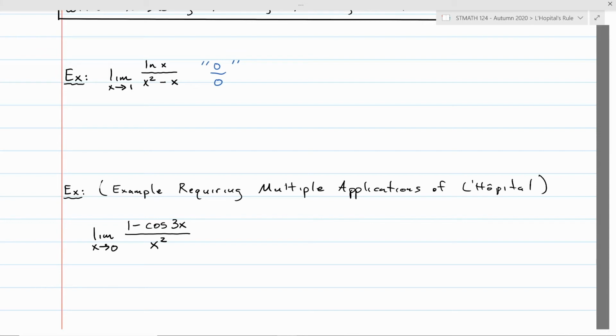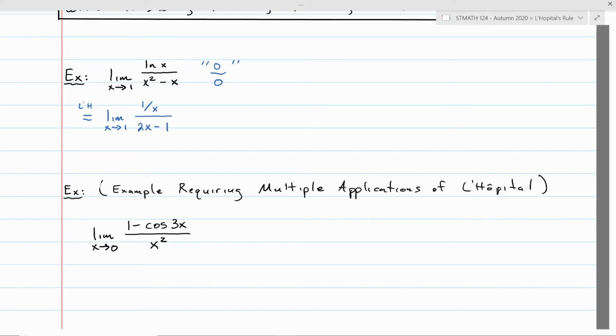So this is the kind of limit for which L'Hopital's rule applies. So if we apply L'Hopital's rule, then this would be the limit as x goes to 1, and then the derivative in the numerator is 1 over x, and the derivative in the denominator is 2x.